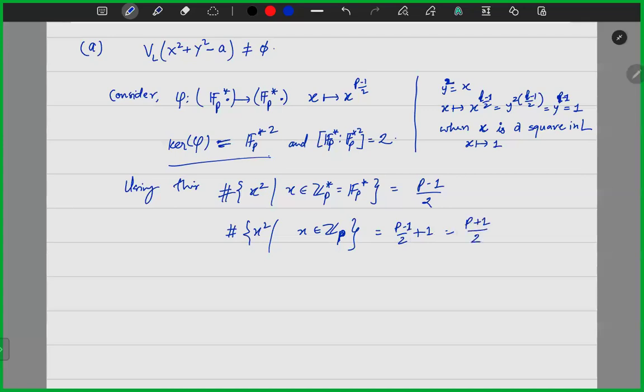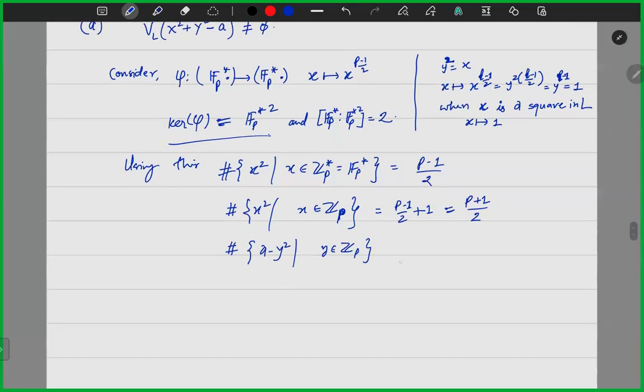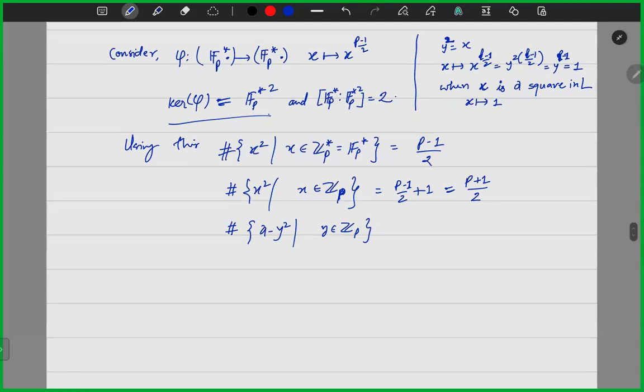What about the cardinality of this, a minus y square, y running in Zp? Now only y is running.